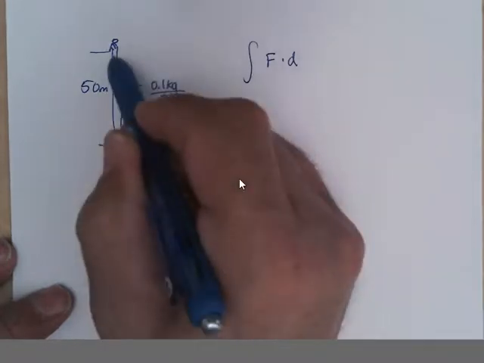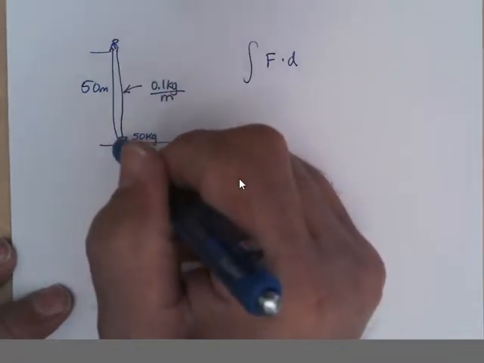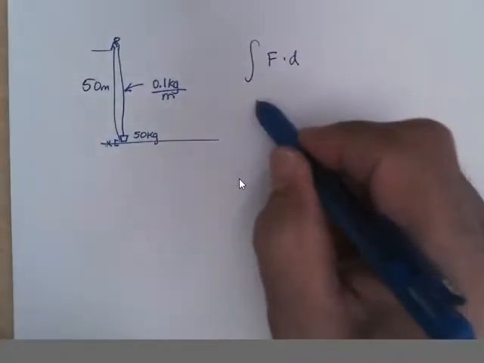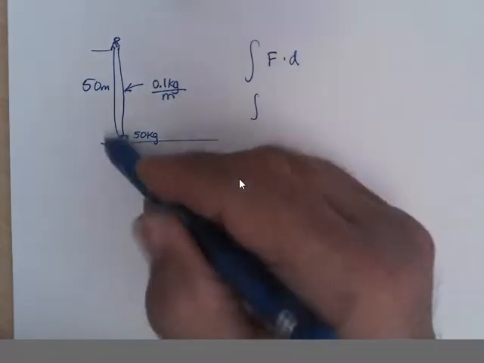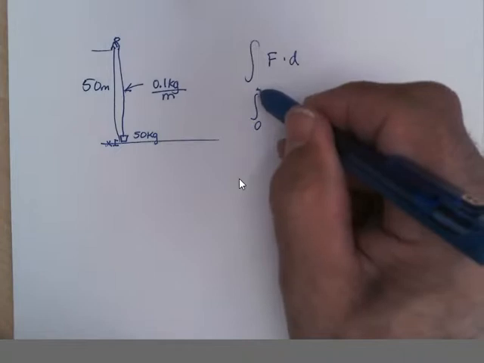So if I say x is how far up this bucket has been lifted, then we'd be integrating x from 0 to 50.